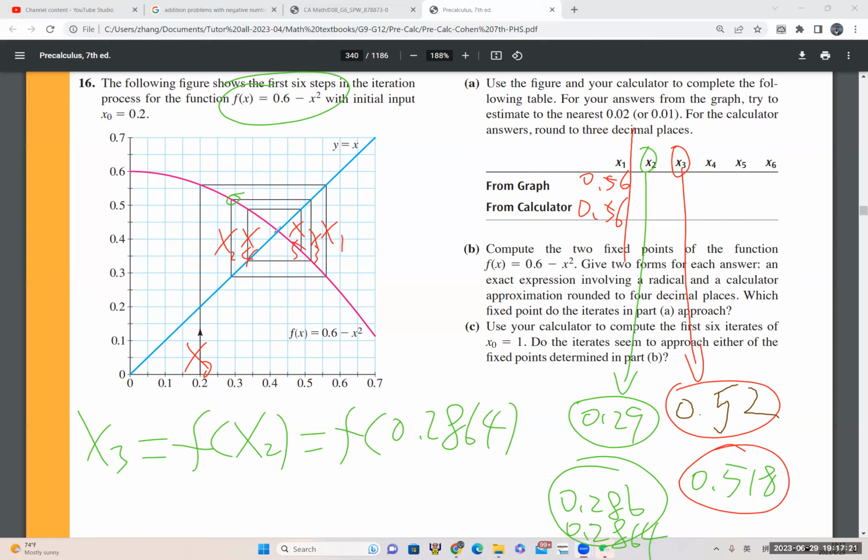Does this mean finally they get more and more close to this intersection point? Suppose, right? True.